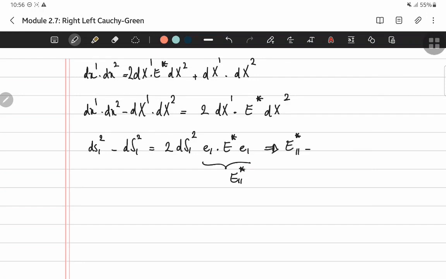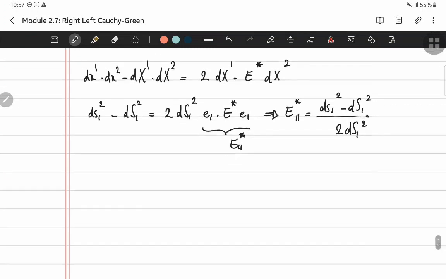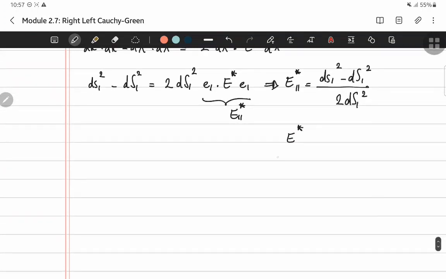So E star 11 is equal to ds1 squared minus d capital S1 squared divided by 2 d capital S1 squared. If you compare this with E11 of the infinitesimal strain tensor, it was ds1 minus d capital S1 divided by d capital S1. So you see here it's a quadratic kind of equation, and you get better results.